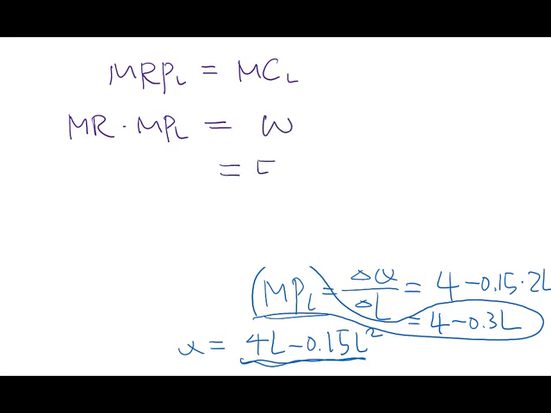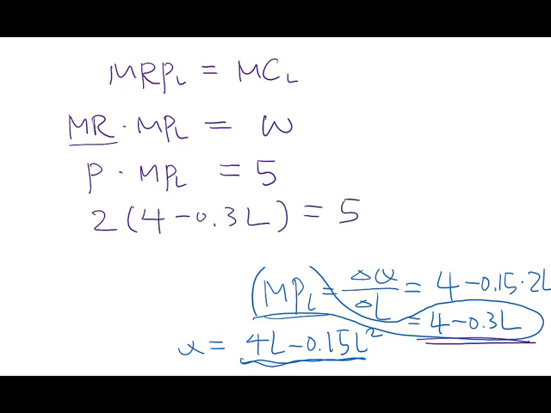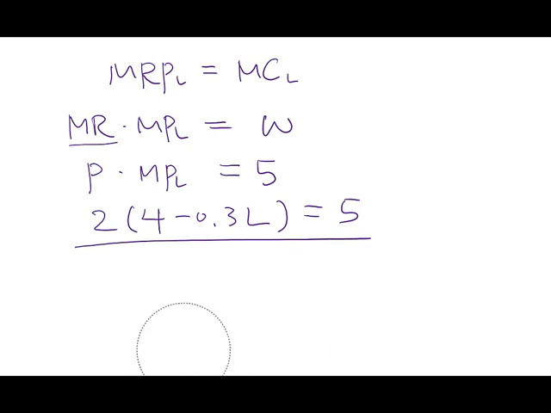And we know it is 5 on the right hand side. On the left hand side, I know marginal revenue for competing firm is equal to price. So if I rewrite this one again, price of record in output market is 2. We just calculate marginal product of labor is 4 minus 0.3 L. So here, that's the equation. You can find L, profit maximizing labor input from, right?